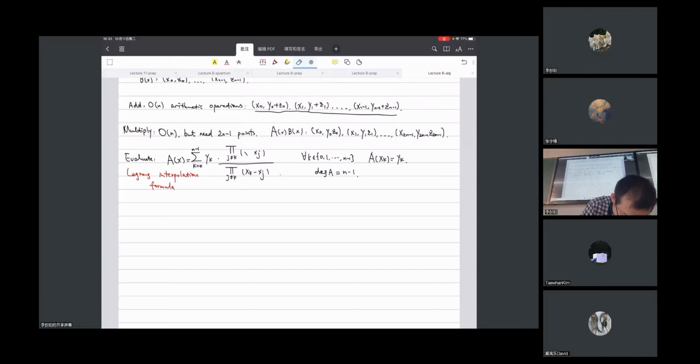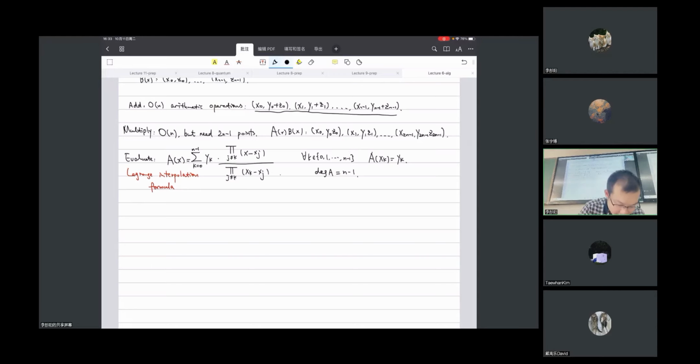This is something very standard in terms of polynomials. As long as we have evaluations at n points, we can pin down the corresponding degree n minus 1 polynomial using this idea, the Lagrange interpolation formula.